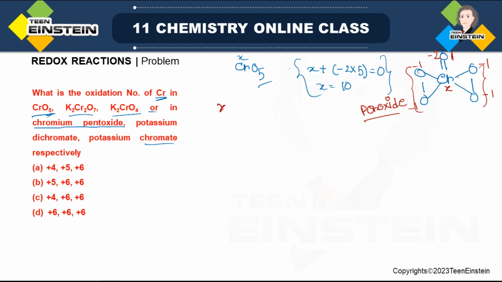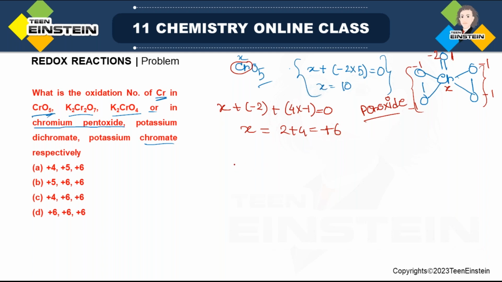So how do we do the calculation? For chromium it is x. For 1 oxygen you have to consider oxidation state -2, and for 4 oxygens it will be 4 into -1. Overall it is 0. Now what are you getting? 2 and 4, so +6. Basically +6 is the maximum oxidation state possible for chromium. 4s2 3d4, it can lose maximum 6 electrons, not more than that.